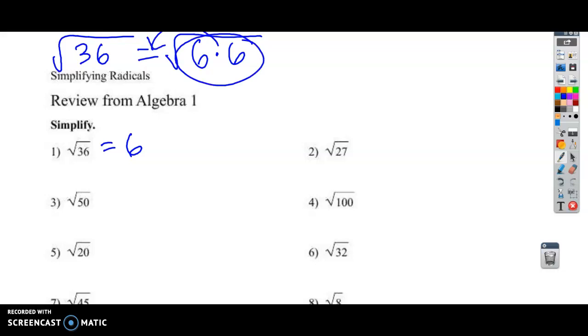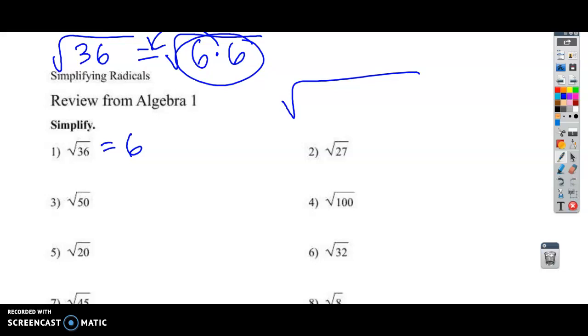So it's just 6. For 27, we need to think of what two numbers when we multiply together, we get 27. But one of those numbers needs to be a perfect square so we can pull it out of the radical. Because 27 is not a perfect square, once we simplify this, we're still going to have something left under the radical.